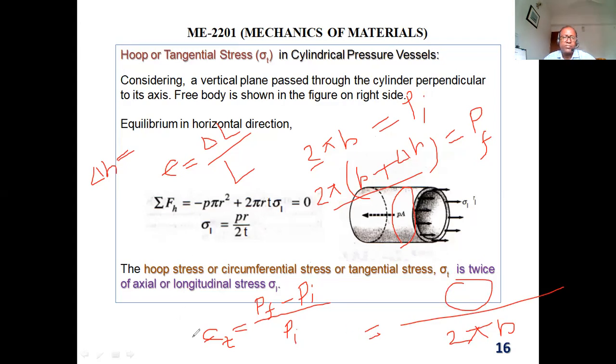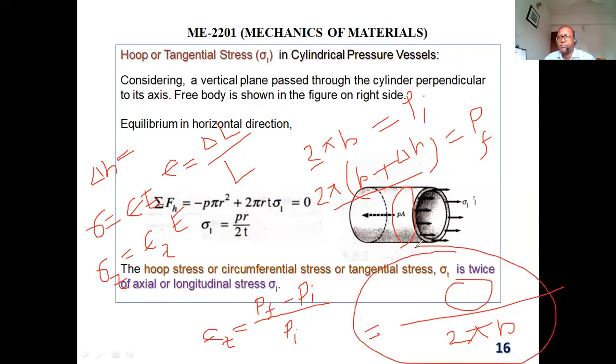Now you have sigma T. Now we know Hooke's law. What is Hooke's law? Sigma is proportional to epsilon into E. So I can say sigma T equals strain along the tangential direction into E. So from here, you'll get some relationship with delta R. That one you put over here.